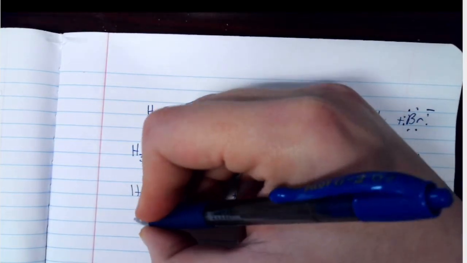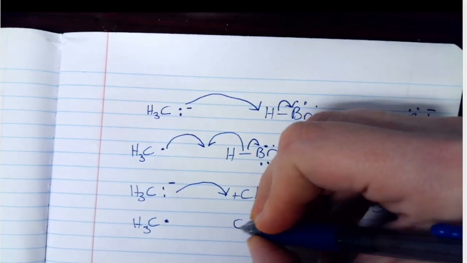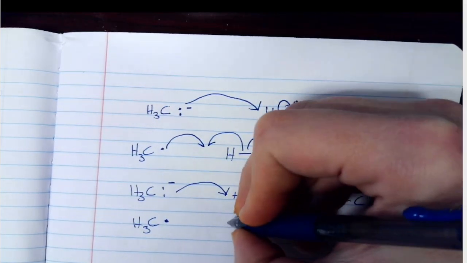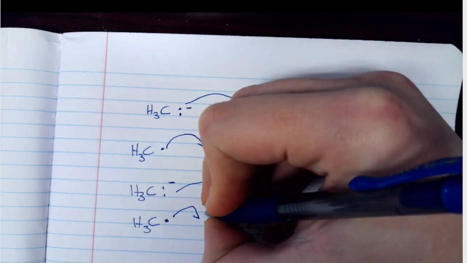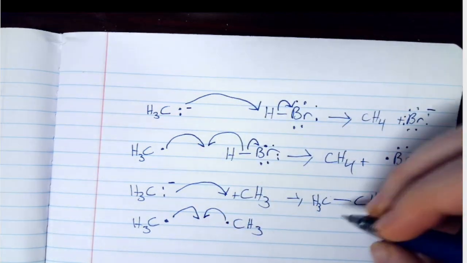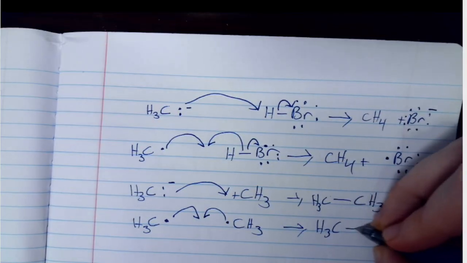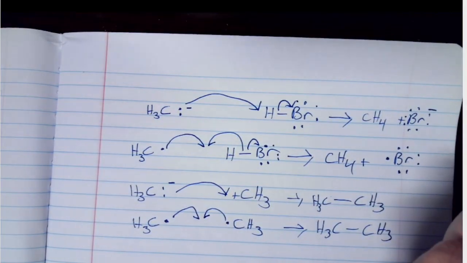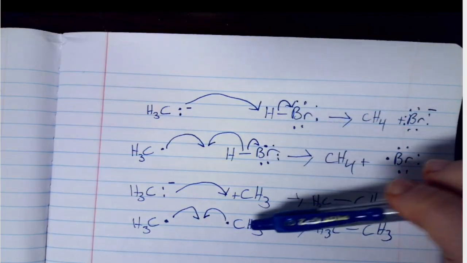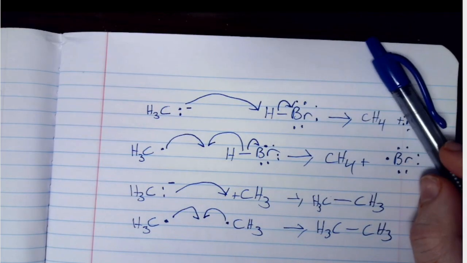But in the case of a radical, two radicals coming together, you would draw the two half arrows meeting in space. And you would still have the same product in this case. Two half arrows are needed to show one new bond being made.